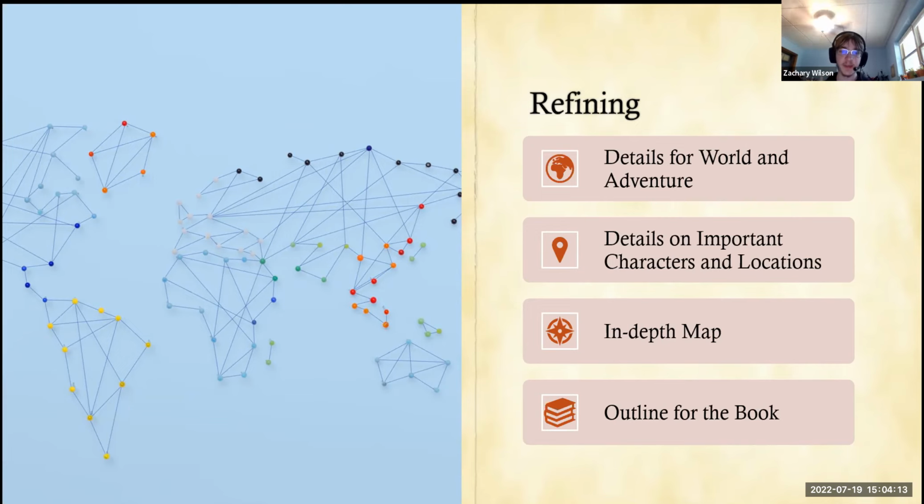The in-depth map, which is creating an actual digital map based on the sketch and starting to populate it with the cities, naming them and defining paths and whatnot. And then the outline for the book. What are the 4 chapters about? And specifically, what is each section of each of those chapters about?